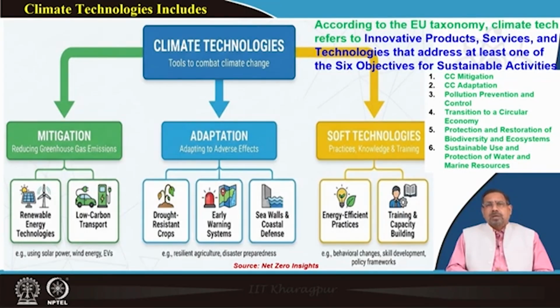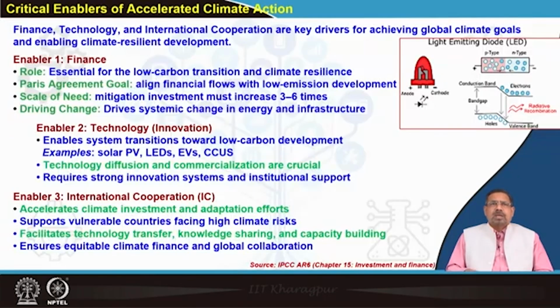Third, as far as the net zero insights are concerned, we put it as pollution prevention and control. Fourth is transition to a circular economy. Fifth can be protection and restoration of biodiversity and ecosystems. Sixth is sustainable use and protection of water and marine resources.